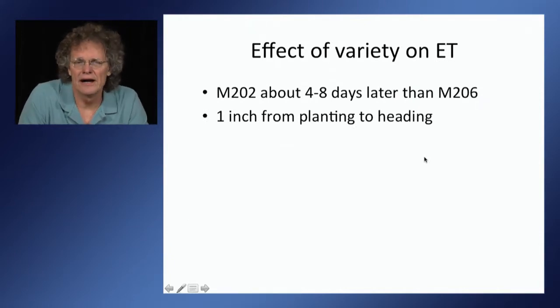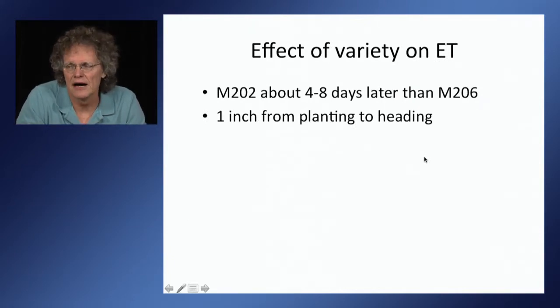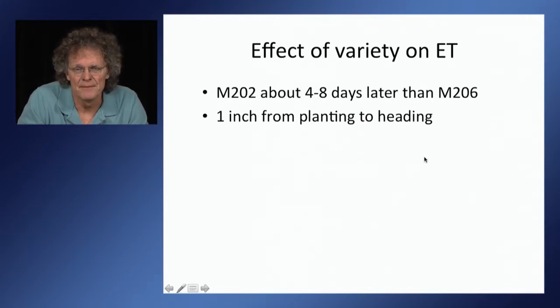If we look at the choice of variety on ET and irrigation requirements, we see something very similar. Again, if you can grow shorter duration varieties, we're able to irrigate for a shorter period of time. Here we have the example of M202, which has really been replaced in much of California by M206, which is the dominant variety grown here in California.